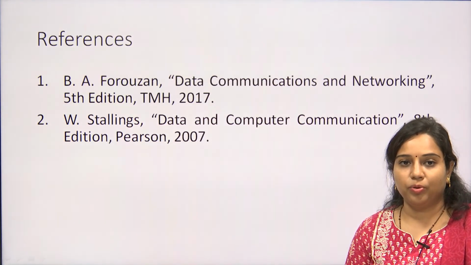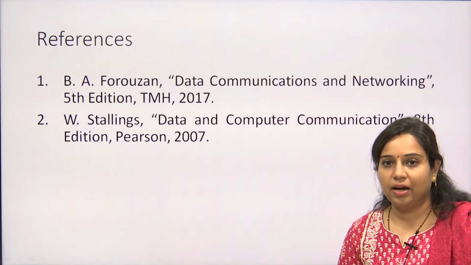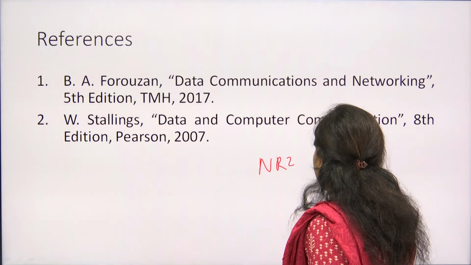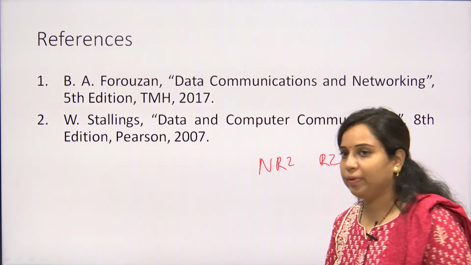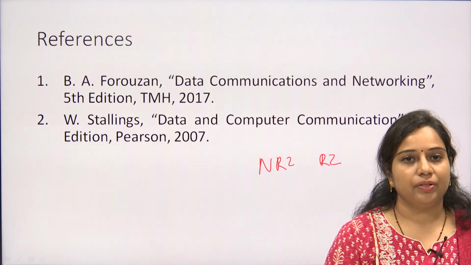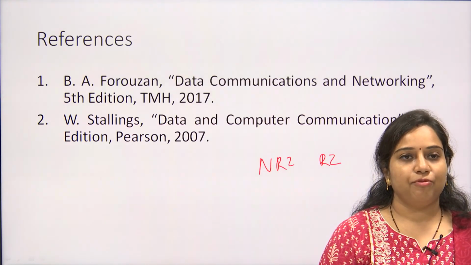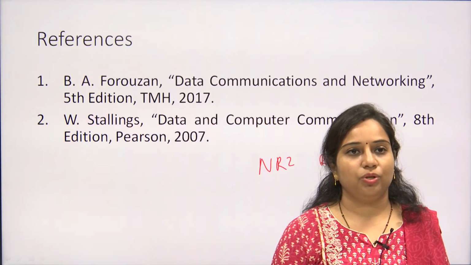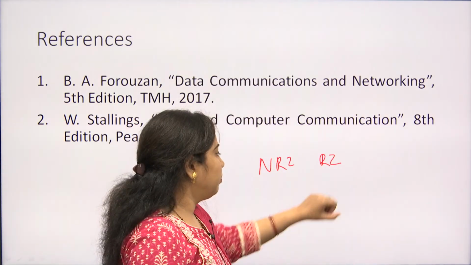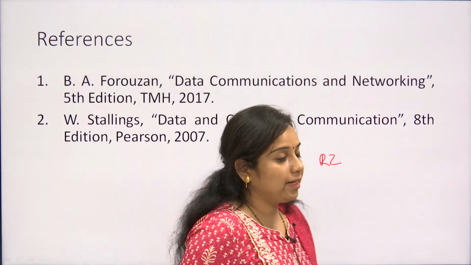There are 2 types of unipolar signaling, NRZ and RZ, that is non return to 0 and return to 0. For the full bit duration, the same amplitude will be maintained, either plus V or minus V, and for RZ, that is return to 0, only for the half bit duration the data will be transmitted.